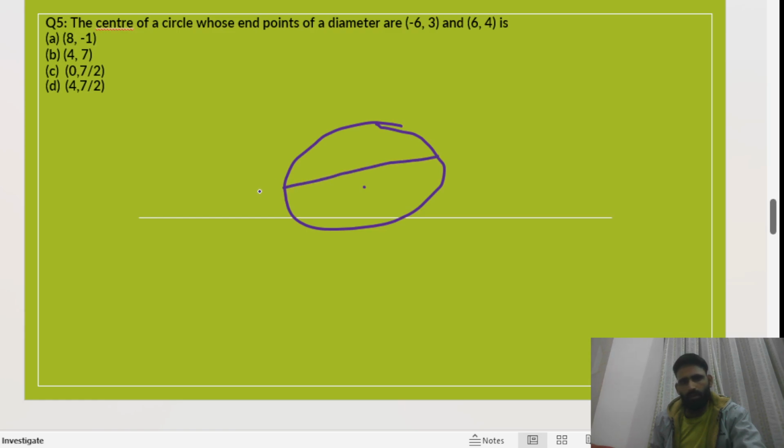Suppose this is the diameter, this is A and this is B. This point coordinate is (-6, 3) and this point is (6, 4). So the center of the circle is the midpoint.